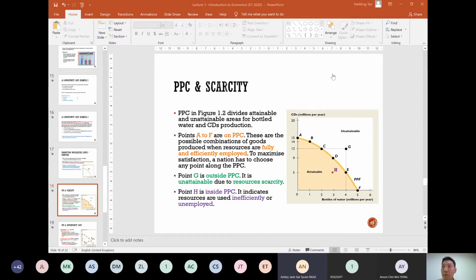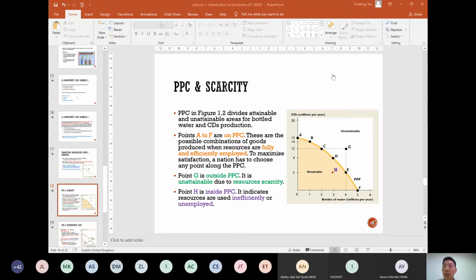Send people for training, education. Provide education to them so that they have knowledge, and once they have knowledge, this can improve the productivity of the workers in the country, right? So workers are also called labor, and it's also one of the factors of production.